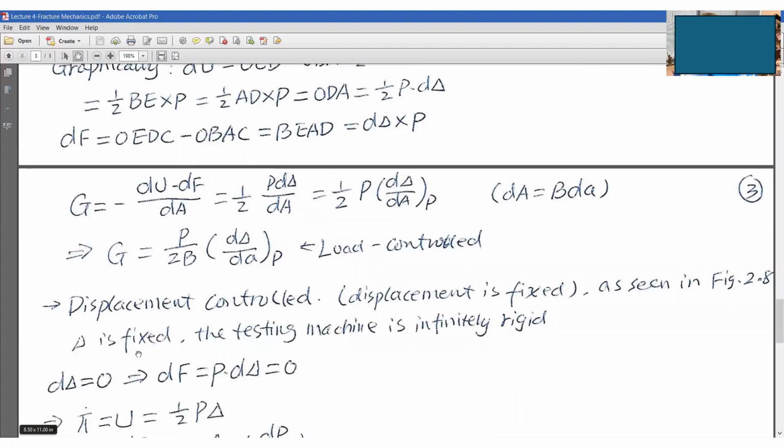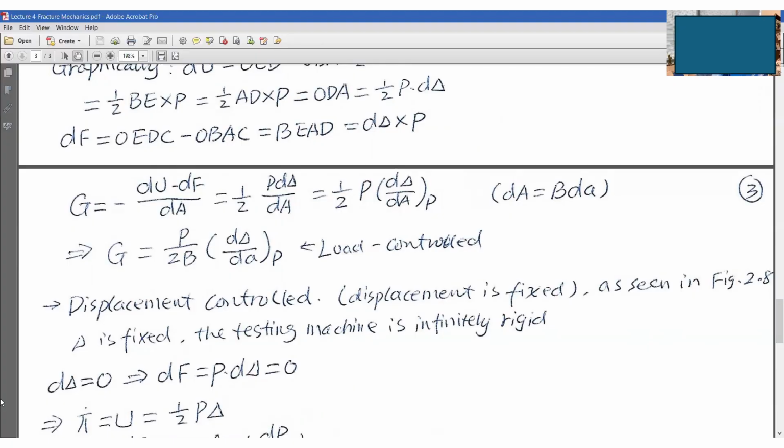Okay, guys. If there's no question, we are going to talk about another loading condition. We call it displacement loading, displacement controlled. As the name suggests, the displacement is fixed, right? And displacement is fixed for two case scenarios.